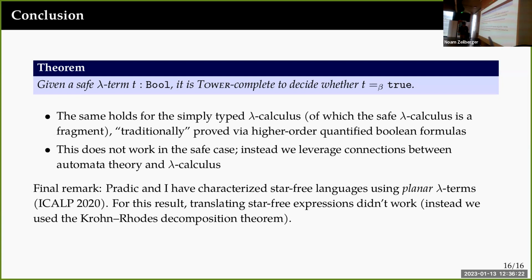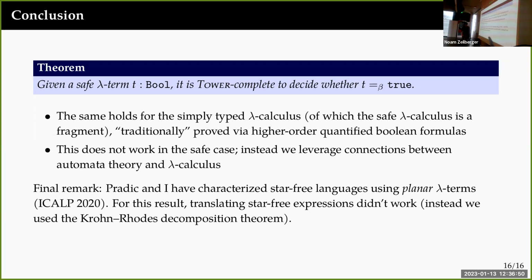If you look at the dynamics, what does it mean in terms of computations? The planarity condition corresponds in some way to the difference between regular and star-free languages. That's a very beautiful result, but for which we couldn't use the same kind of technique, translating star-free expressions, because you had to go through intermediate functions that are just not expressible.